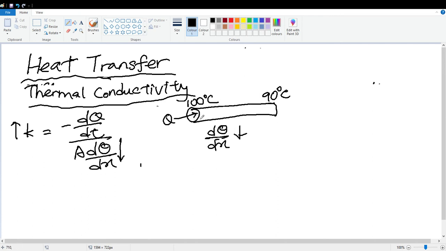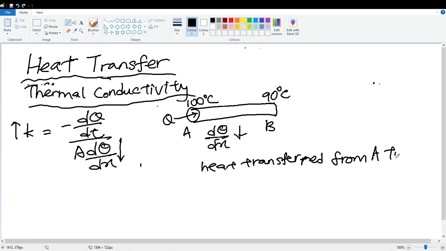It means that the heat transferred from point A to point B is very fast. So I can conclude that my temperature gradient is smaller.